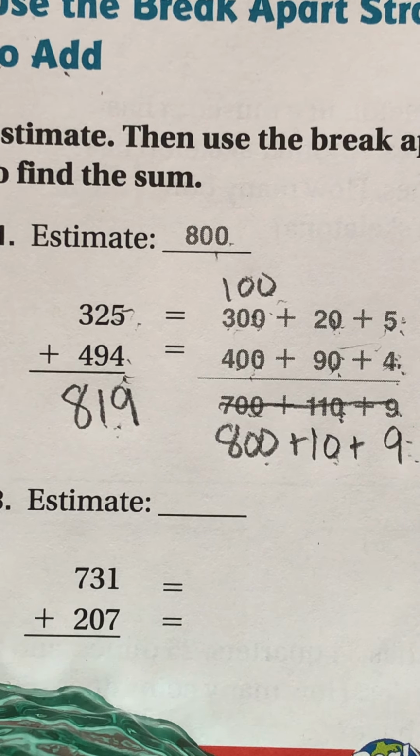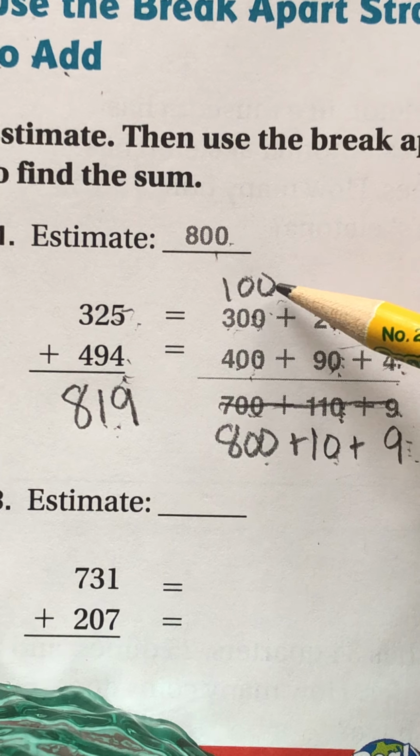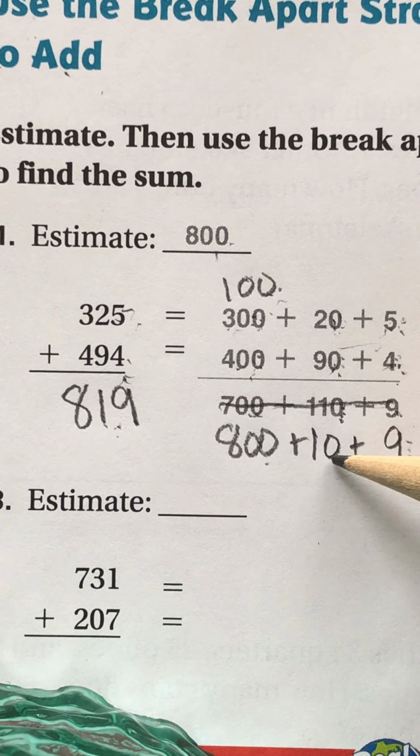Well, I like to change the tens place because we were talking about that in class today. So we're going to cross that out. And we're going to add again. 5 plus 4 is 9. 20 plus 90 is 110 like they had, but we're going to add 100 to the hundreds place, and we're going to bring down the 10.